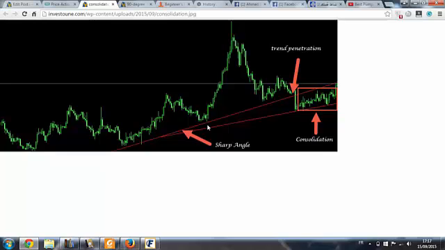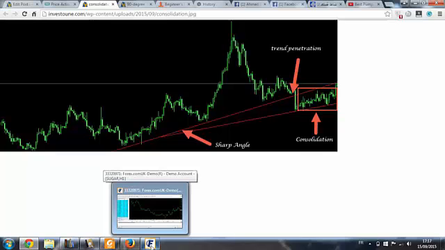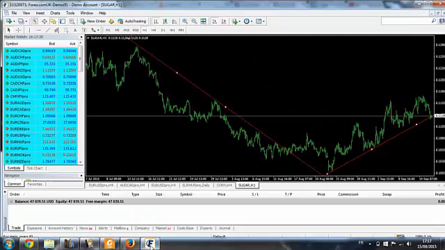So what you need to do, just as I have told you, is to draw the first trend, for example here, to draw the downtrend, and draw the new trend to know if there is a consolidation or not.